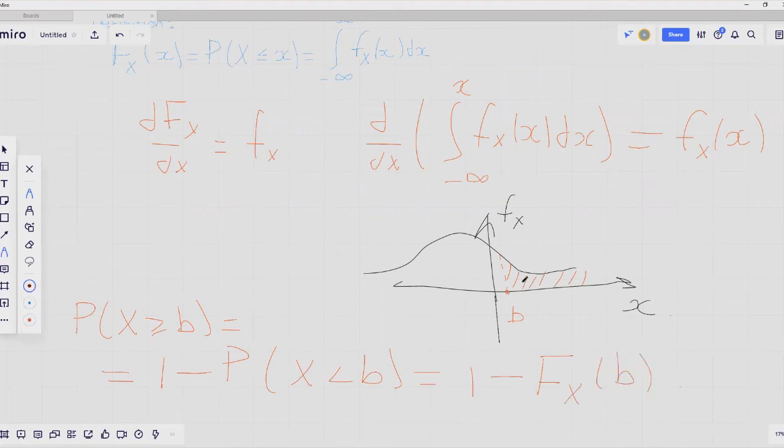So if I'm looking at the area to the right of that point b, then since 1 unit of probability is assigned over all real values, it is going to be equal to 1 minus the area to the left of that point.